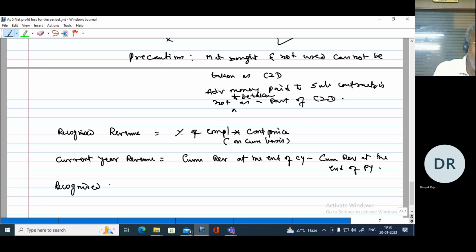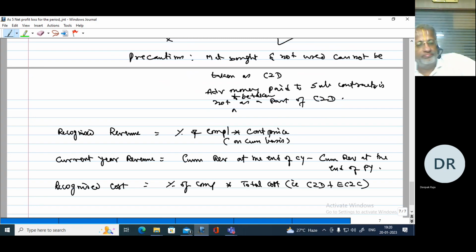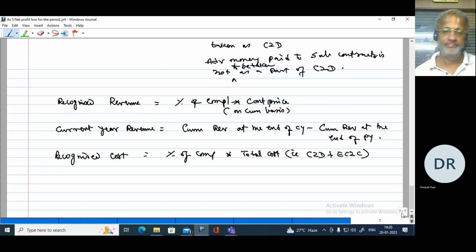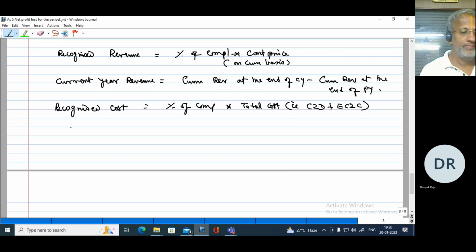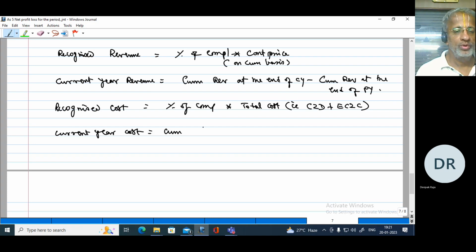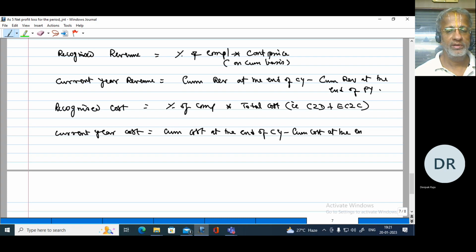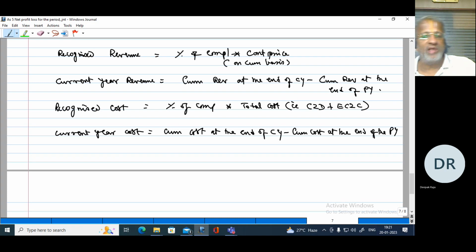Recognized cost is equal to percentage of completion into total cost. That is cost to date plus estimated cost to complete. Current year cost is equal to cumulative cost at the end of the current year minus cumulative cost at the end of the previous year.